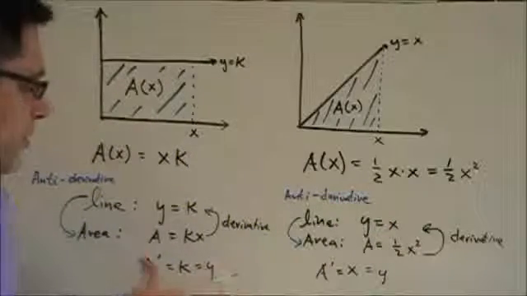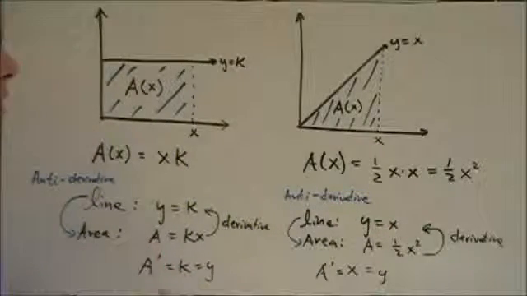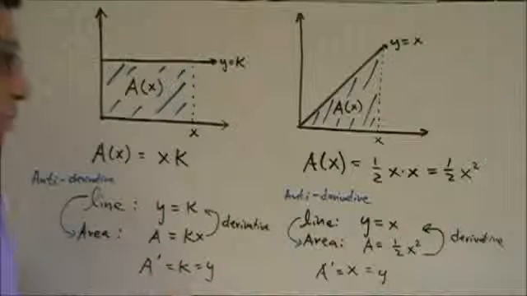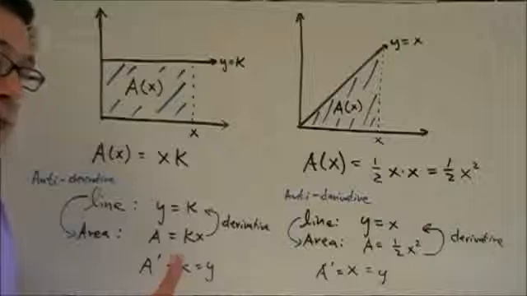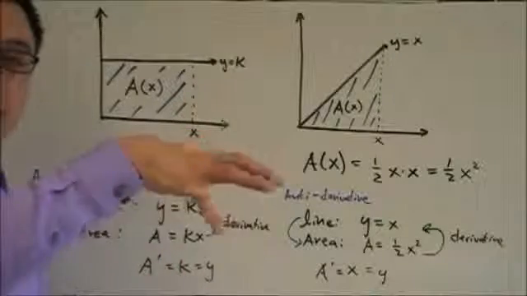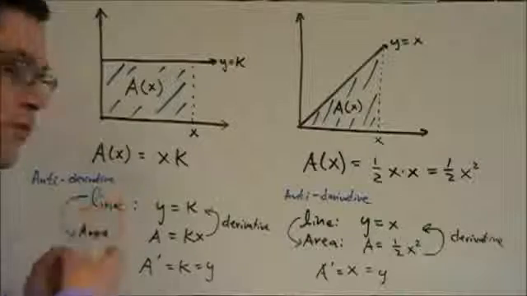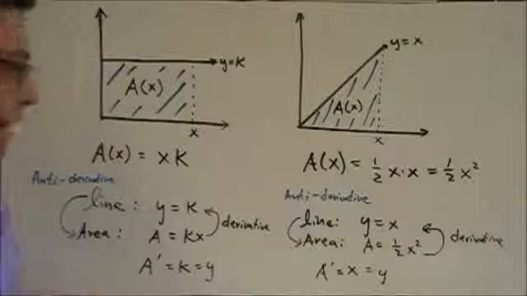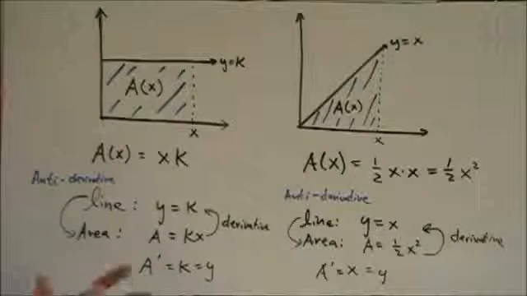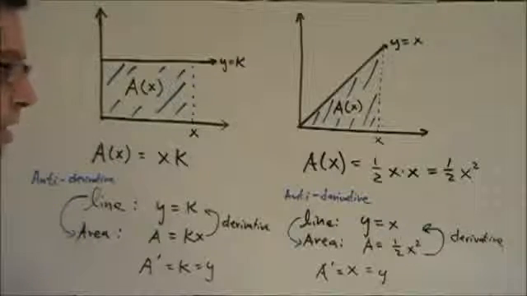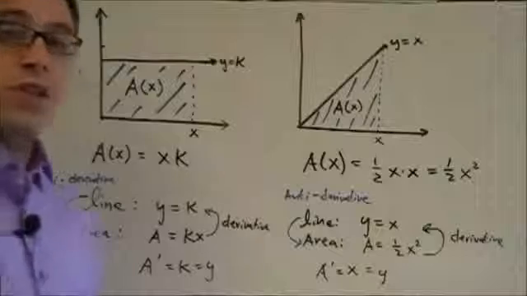Okay, and this is a constant theme. The more of these shapes that we try to decipher, determine the area of, and then find the relationship between that and the curve that encloses the area, the more we'll find that this exact relationship will hold all the time. And in fact, this is precisely what is studied in what's called integration.